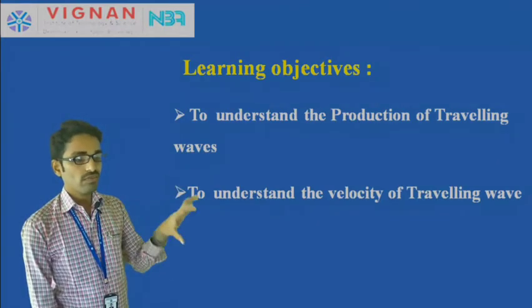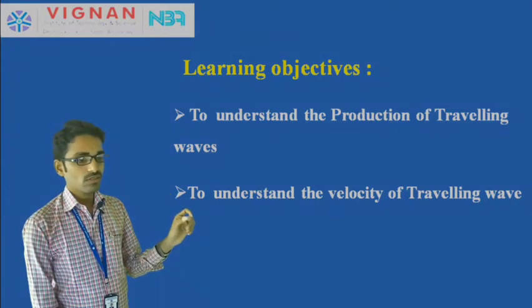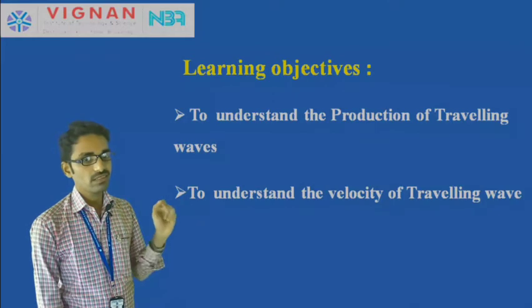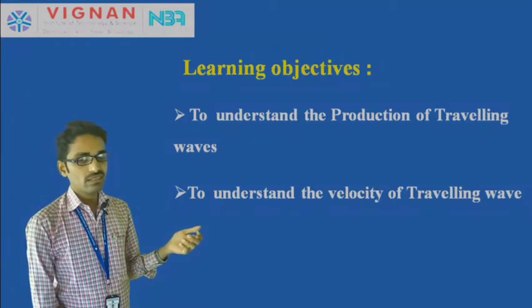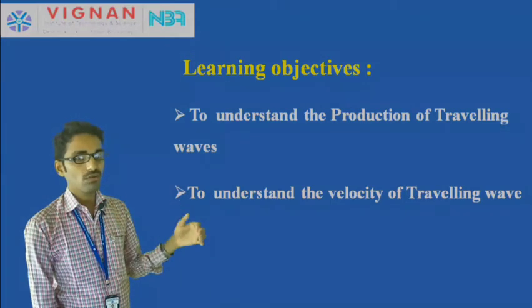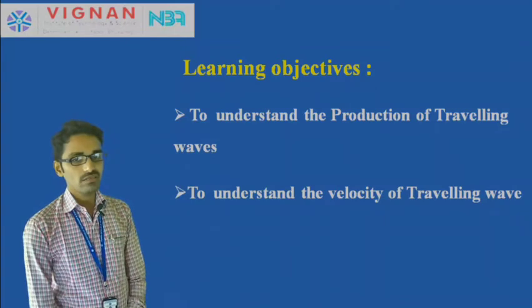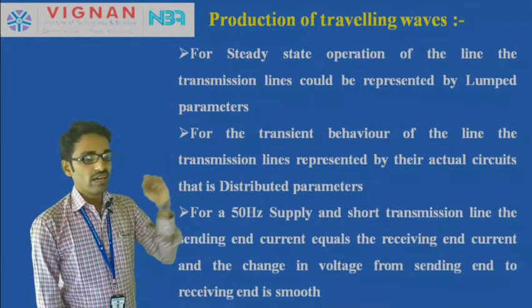How much is the velocity of the travelling wave, that means how fast it is moving on the transmission lines, we are going to see in this lecture. So, what is the velocity? We are going to calculate the velocity of the travelling waves and how these travelling waves are produced on the transmission lines. So, first we will see production of travelling waves.